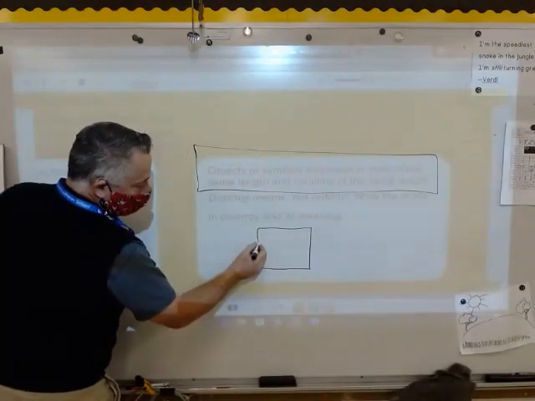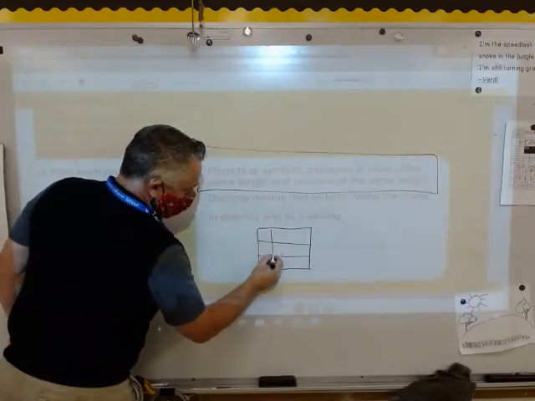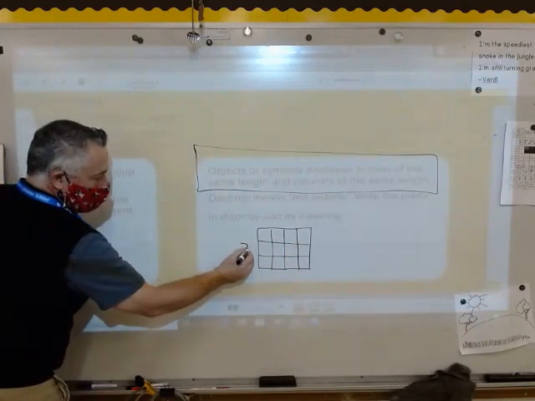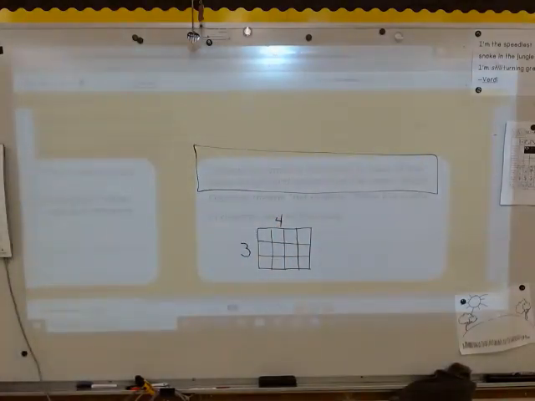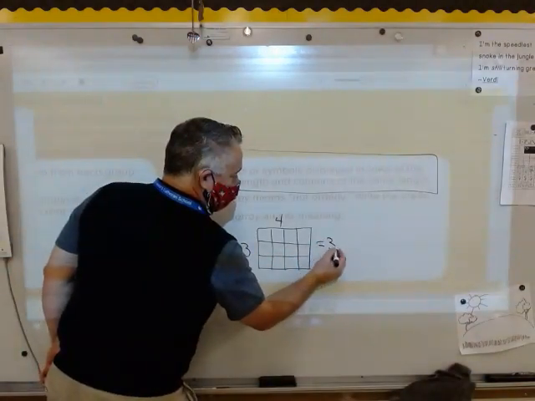Now, this doesn't have to be perfect when you make it. But do you see there's 3 down the side and 4 across the top? That would equal 3 times 4.